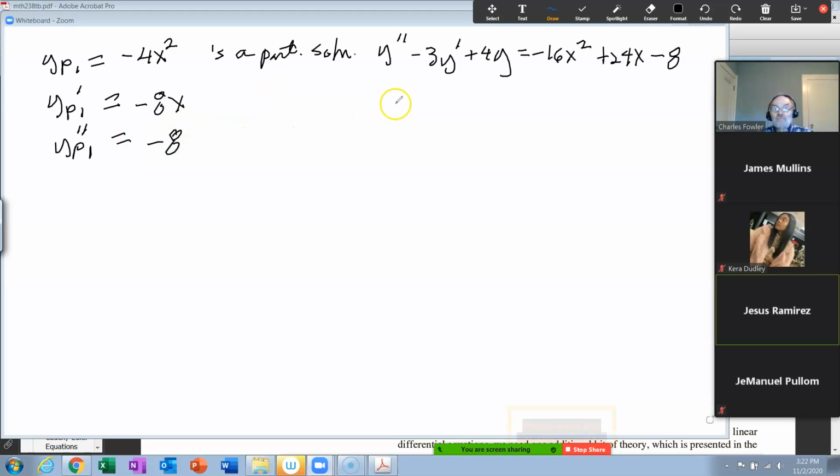So what we're going to do is plug that in here. Negative 8 minus 3 times this would be plus 24x, plus 4 times negative 8 would be a minus.